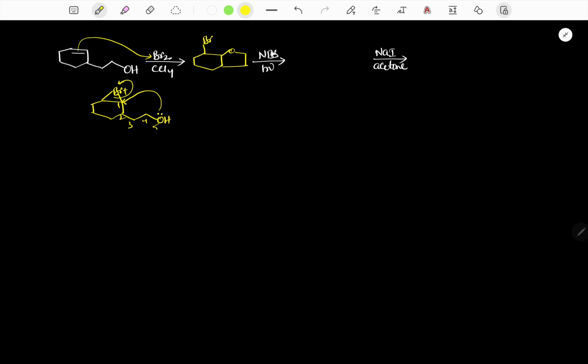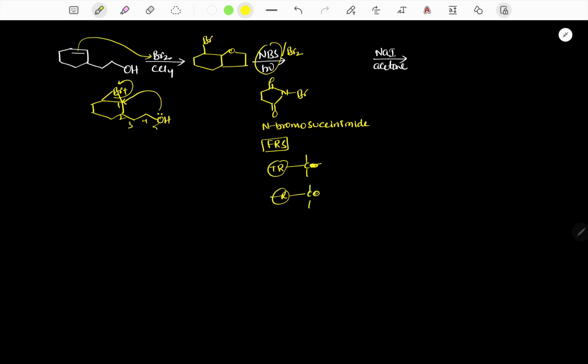The product is treated with NBS. NBS always contains some impurity of Br2. NBS means N-bromosuccinimide, and it prefers free radical substitution, mainly where a plus R group or a minus R group is connected to the carbon radical.